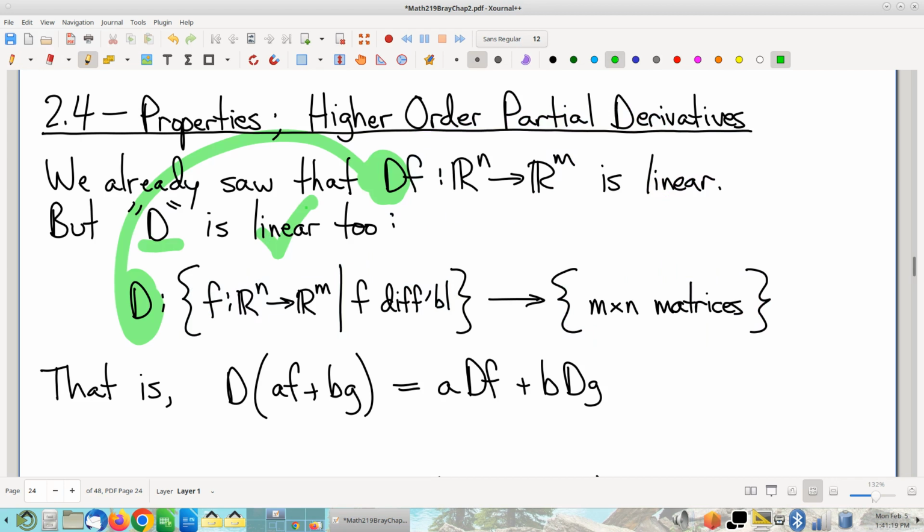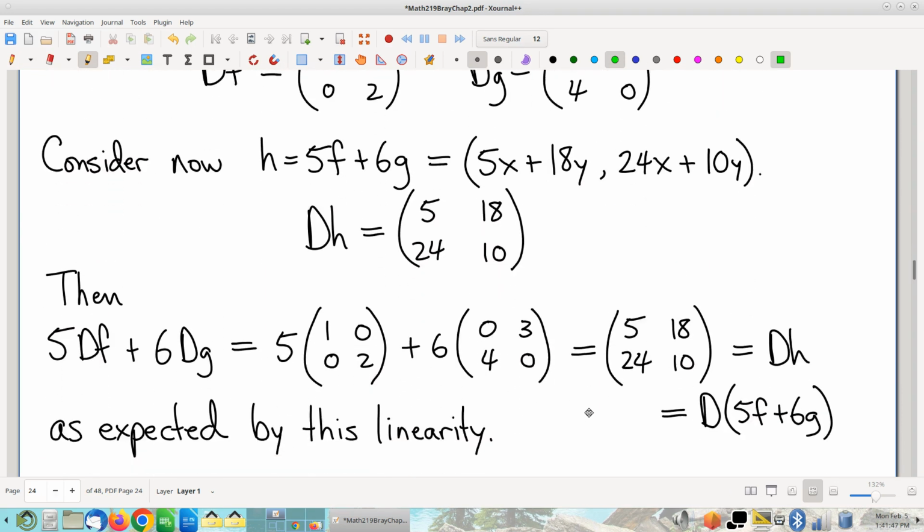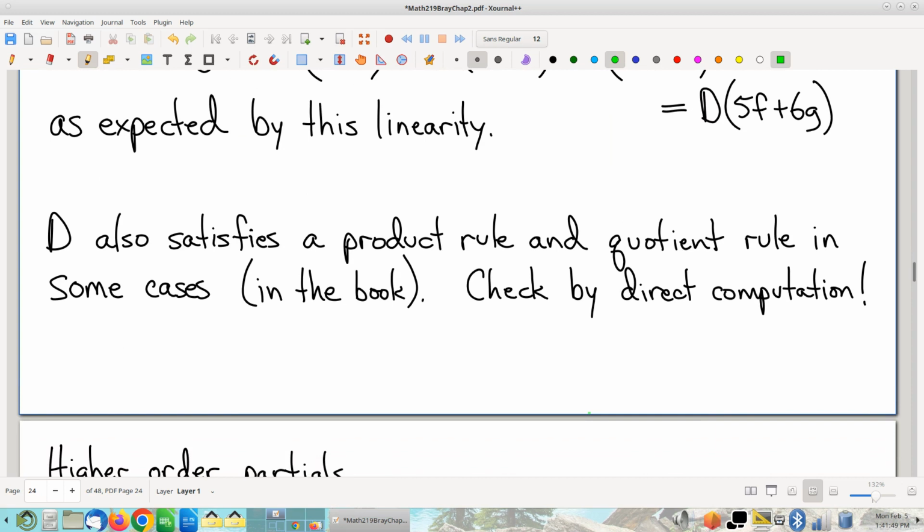So it's not just when you take linear combinations of input vectors that you multiply by the derivative matrix. That's not what we're talking about. When you take linear combinations of functions, the act of differentiation is linear. Linear combination of functions in, linear combination of matrices out. In that sense, linear. Okay, so we saw an example of this last time, but I just wanted to segue in to continuing on.